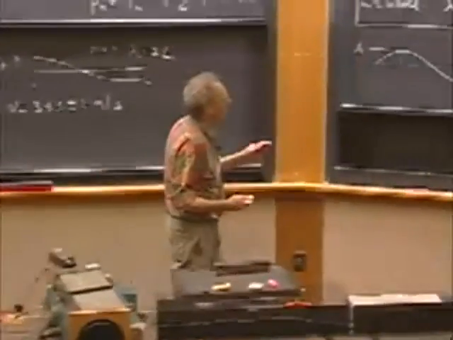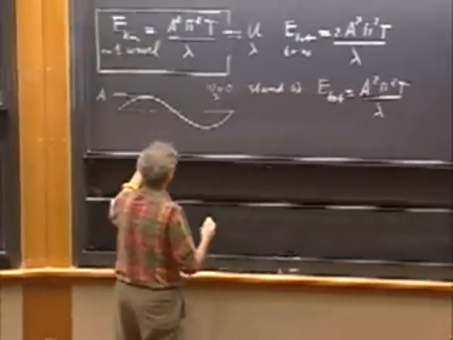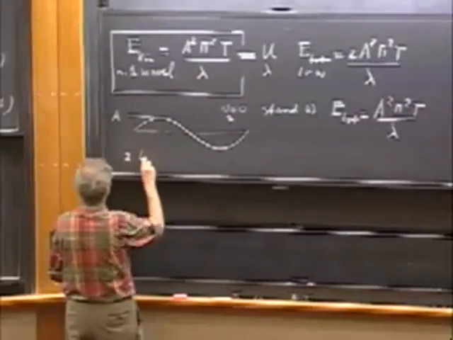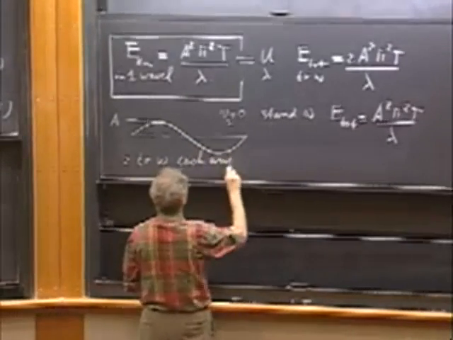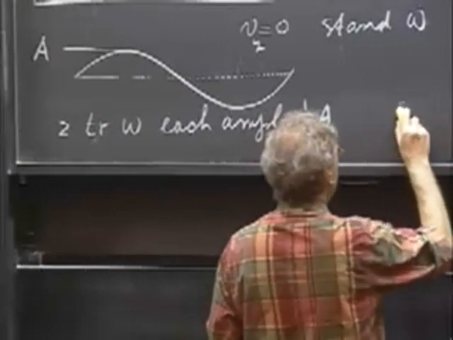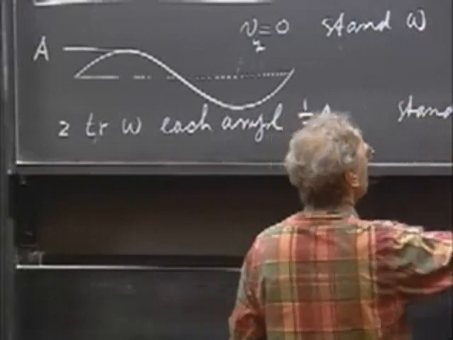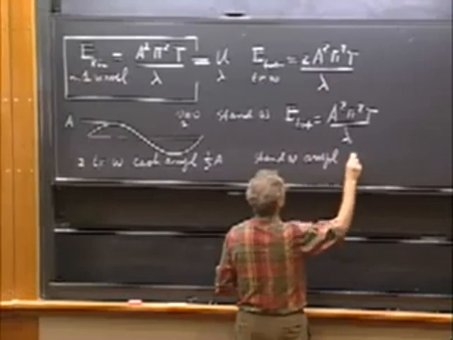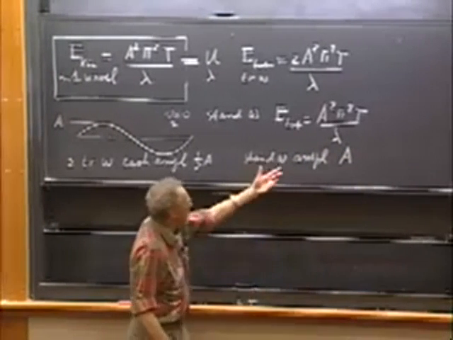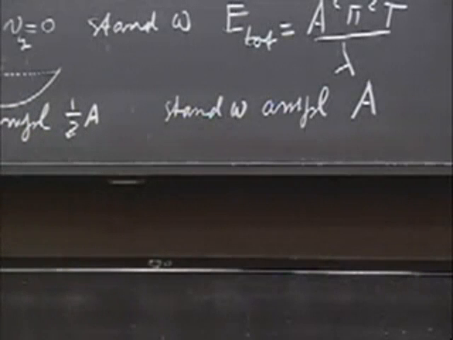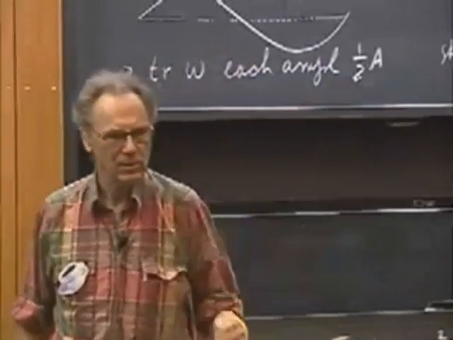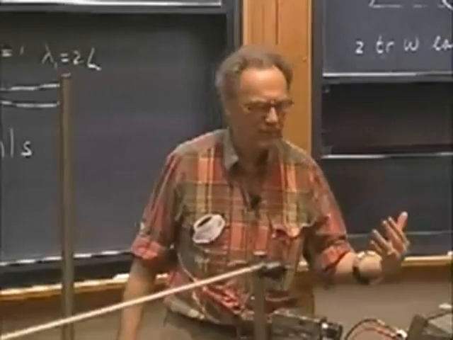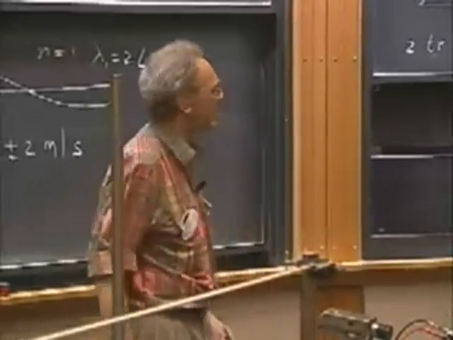So therefore, I make the following statement now, which is testable: I'm going to compare two traveling waves, each with amplitude 1/2 A, with a standing wave with amplitude A. There must be the same energy in a standing wave with amplitude A as there is in two traveling waves with amplitude 1/2 A.